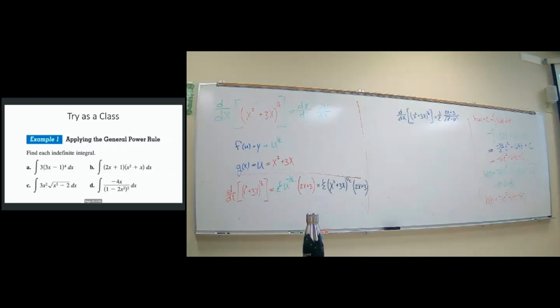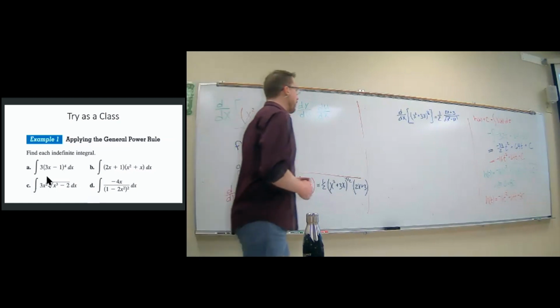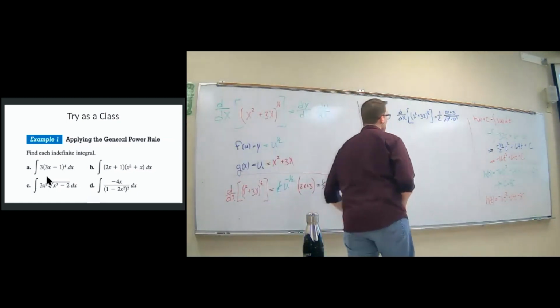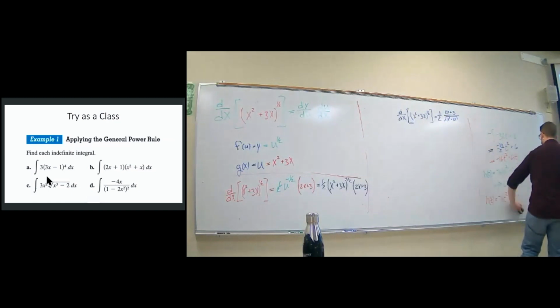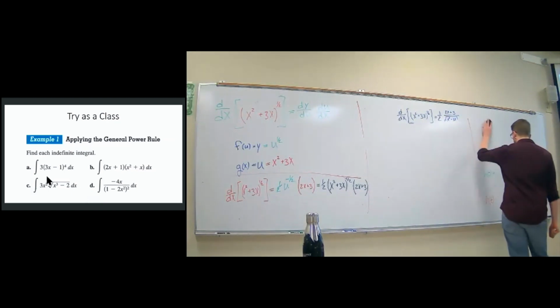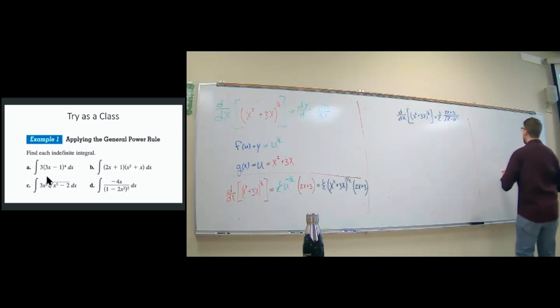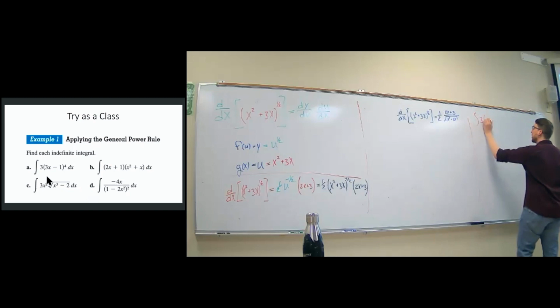So let's see it. All right. In this first example, A, we've got the integral of 3 times 3x minus 1 raised to the 4th integrated with respect to x.